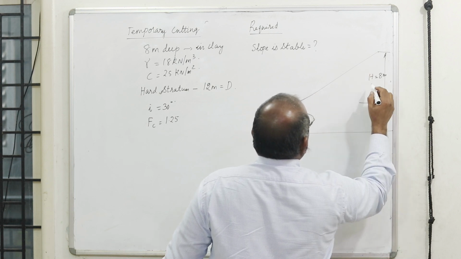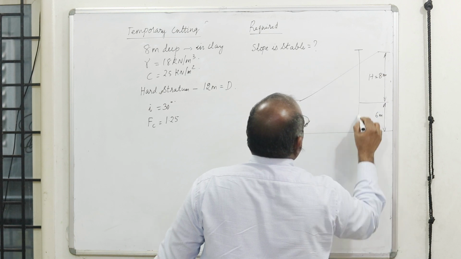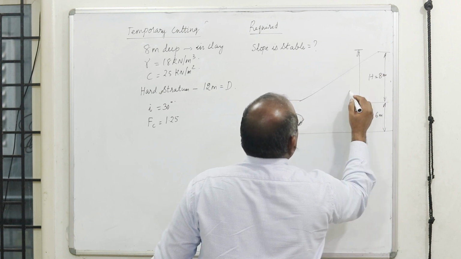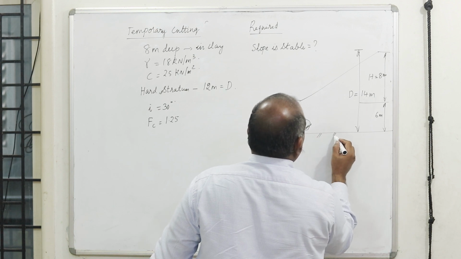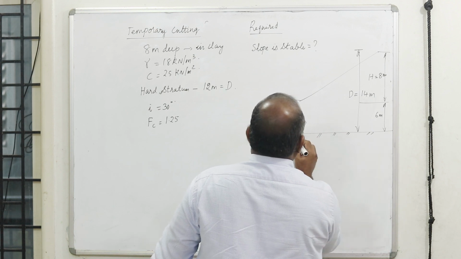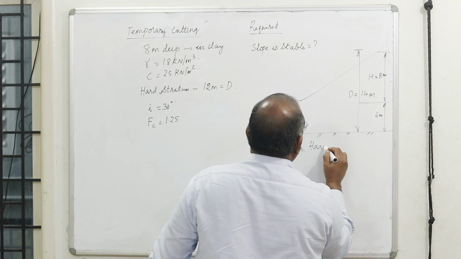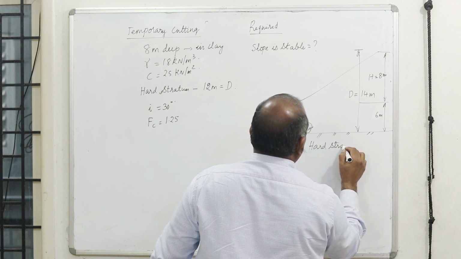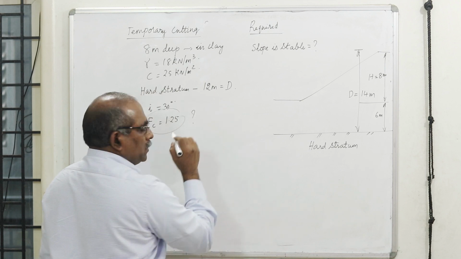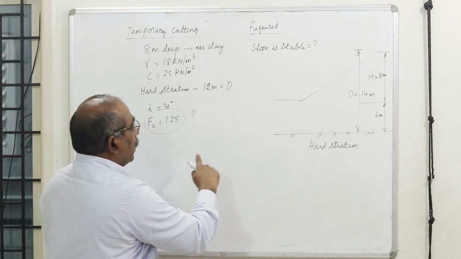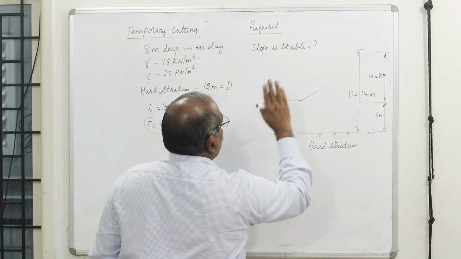Therefore the complete height, this becomes D. We need to understand whether this factor of safety is sufficient or whether we are able to achieve it.